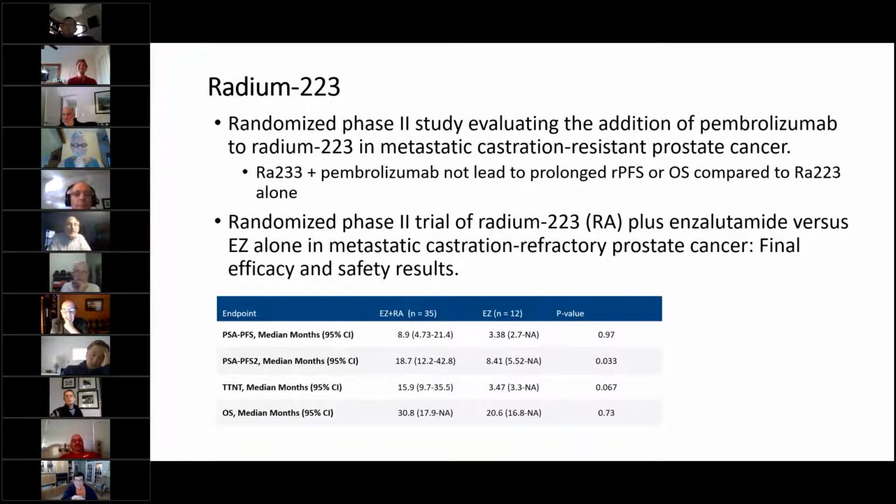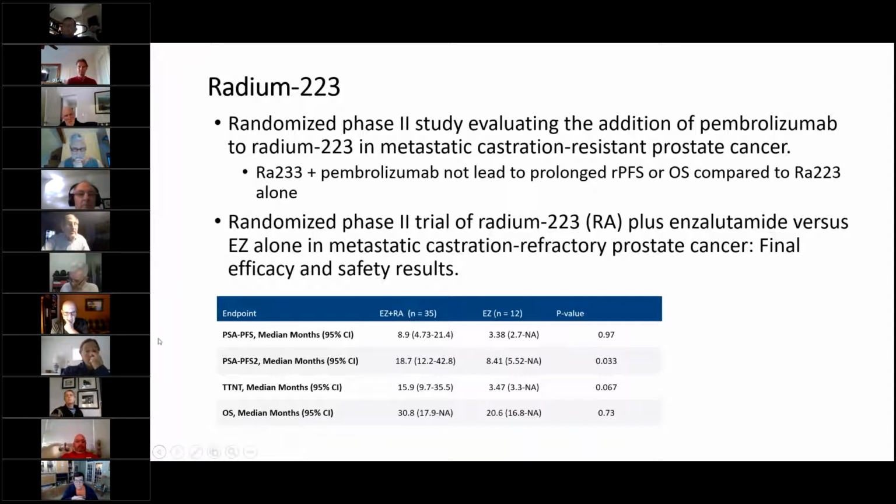Okay. But basically, the last is radium-223 and basically in combination. And then they used it with pembrolizumab, and it did not do well. However, radium-223 plus enzalutamide beats enzalutamide alone.